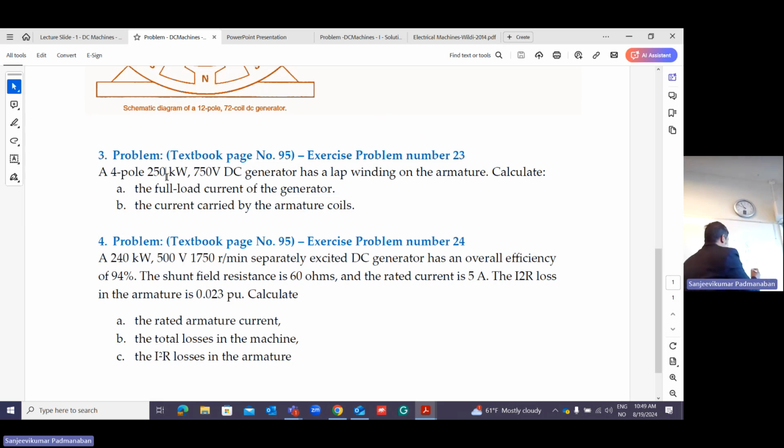You have the power. Power is 250 and your voltage is 750, into I. Calculate what is I.